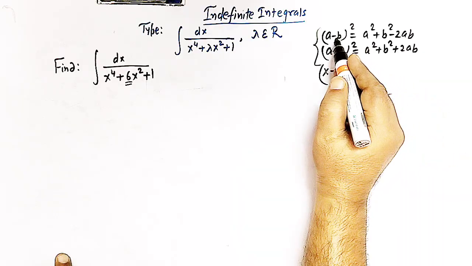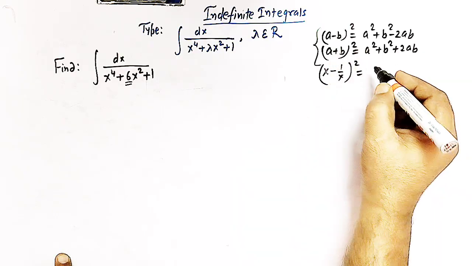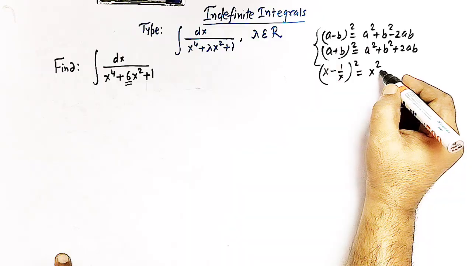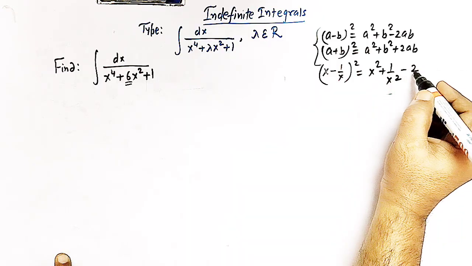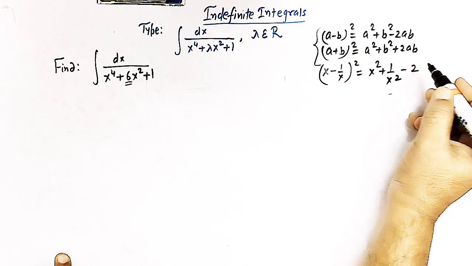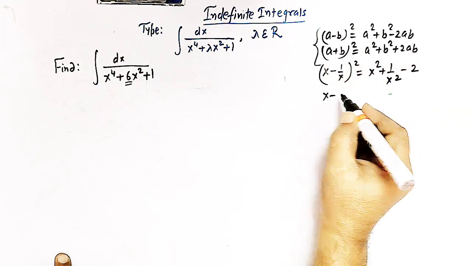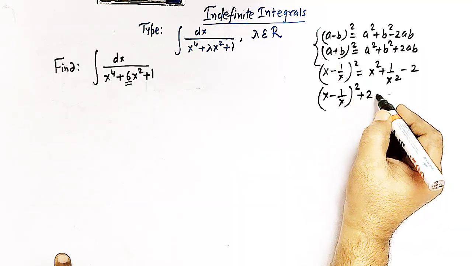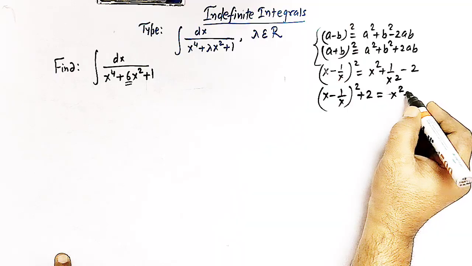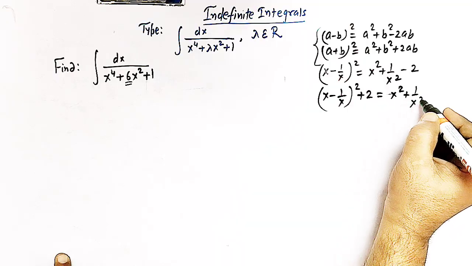Applying this identity to this one, we'll get x square plus 1 over x square and minus 2. Now we can take this negative 2 to this side, so we have x minus 1 over x whole square plus 2, and this is equal to x square plus 1 over x square.